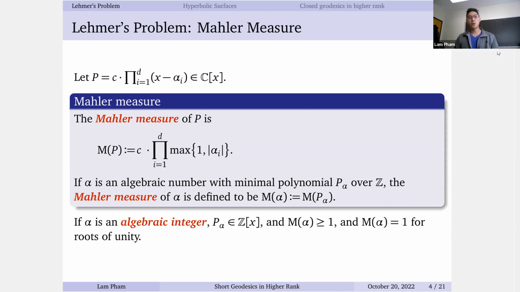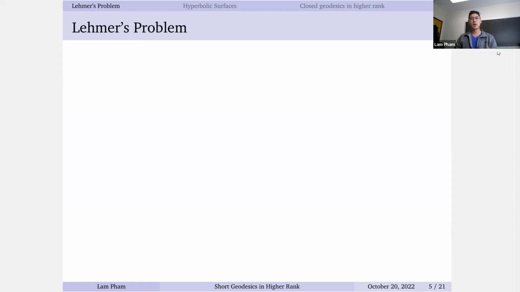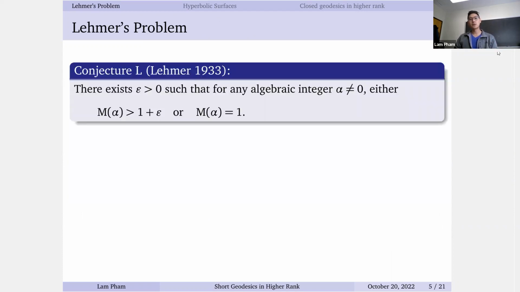Now, some remarks. If alpha is an algebraic integer, then the coefficients are going to be integral, and so the Mahler measure is going to be either 1 for roots of unity or greater than 1. Lehmer's problem from 1933, which is now often referred to as a conjecture, is that there exists a uniform lower bound for all the algebraic integers which are not roots of unity.